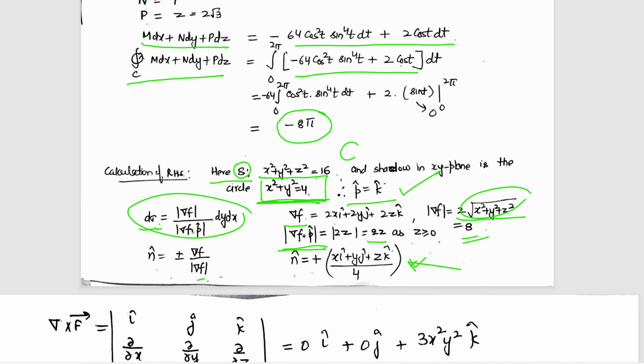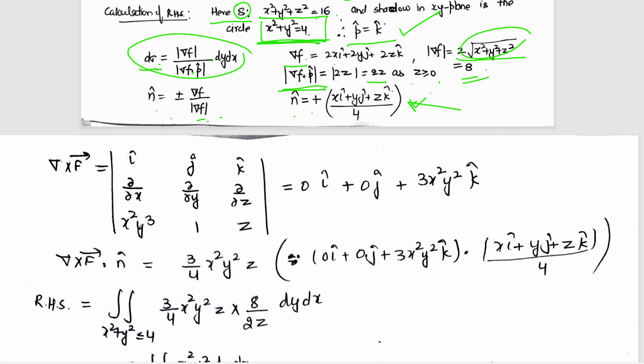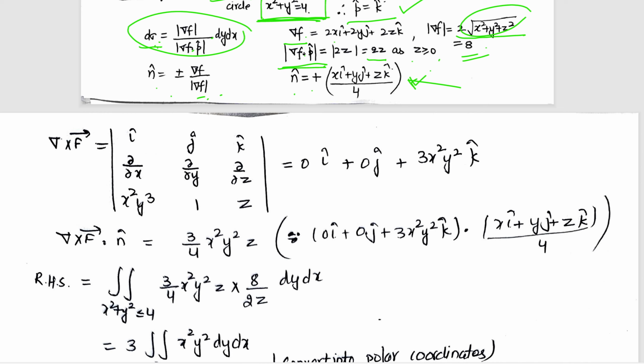Now we need to find the curl of the given vector field F. So the curl of the vector field F is given by the determinant of this matrix, where the third row is the component functions of the given vector field F. So we find the determinant, and it turns out to be equal to 3x²y² k cap.